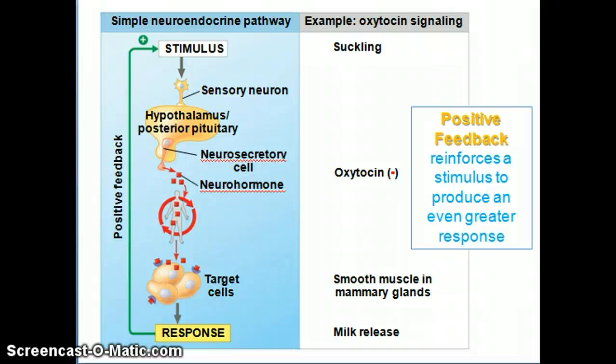And that neurohormone is going to circulate within the body until it reaches a target cell. That neurohormone is oxytocin, which reaches the smooth muscle in the mammary glands, which will then tell those glands to release milk.